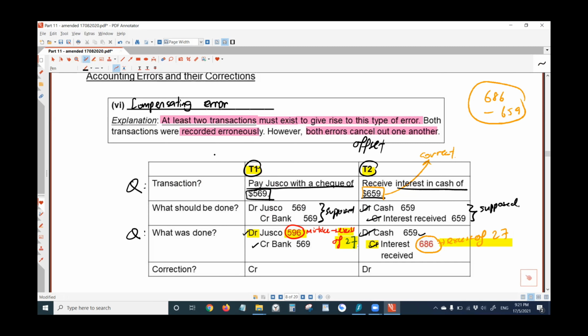Later, when you see a question which asks you to classify, whenever in the same paragraph they talk about two things that are very different from one another, that is very likely a compensating error. That means you are looking at two transactions within the same paragraph. That's very obviously a compensating error.